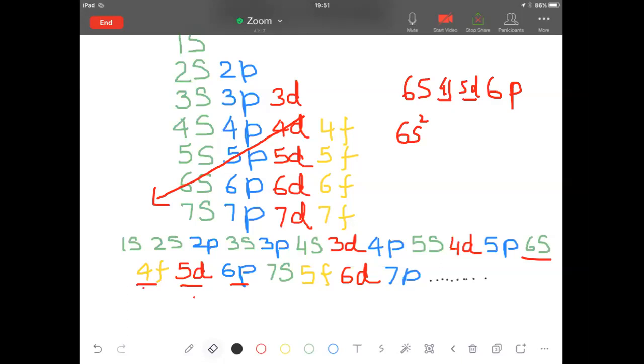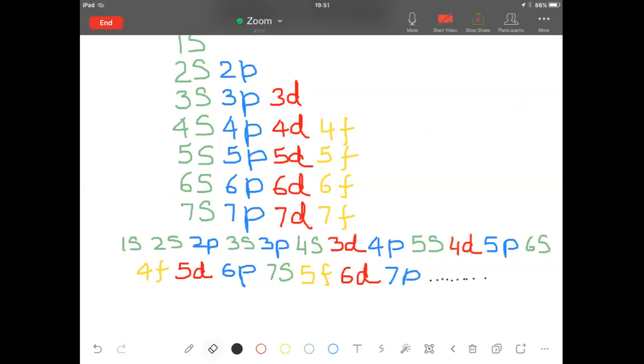That is jumping from 6s to 4f and likewise. All right. So when we practice more elements with atomic numbers, then we will be able to do this better. But first, let us finish studying all the rules that we have to study, and then we'll do the next one.